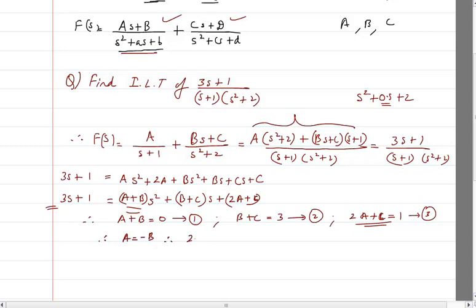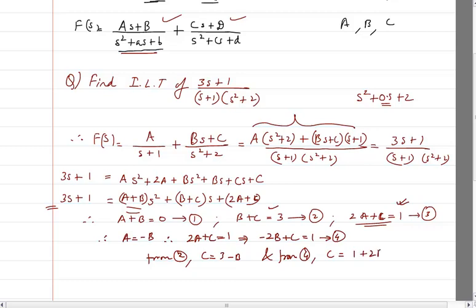Therefore 2a + c is equal to 1, which is the third equation. That can be written, instead of a, with b: minus 2b + c is equal to 1, which is my fourth equation. Now from the second equation c is equal to 3 minus b, and from the fourth c is equal to 1 plus 2b.